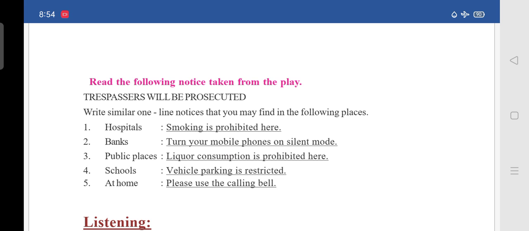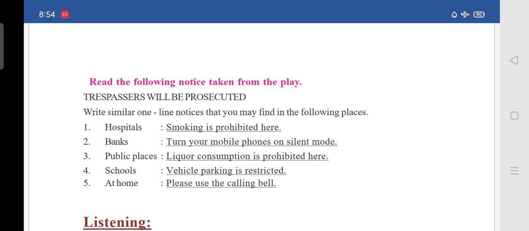Fourth, schools. In schools, what will we see? Vehicle parking is restricted. Near schools, we can see notices saying that vehicle parking is restricted. That is fourth. See the fifth, at home, what can we see?